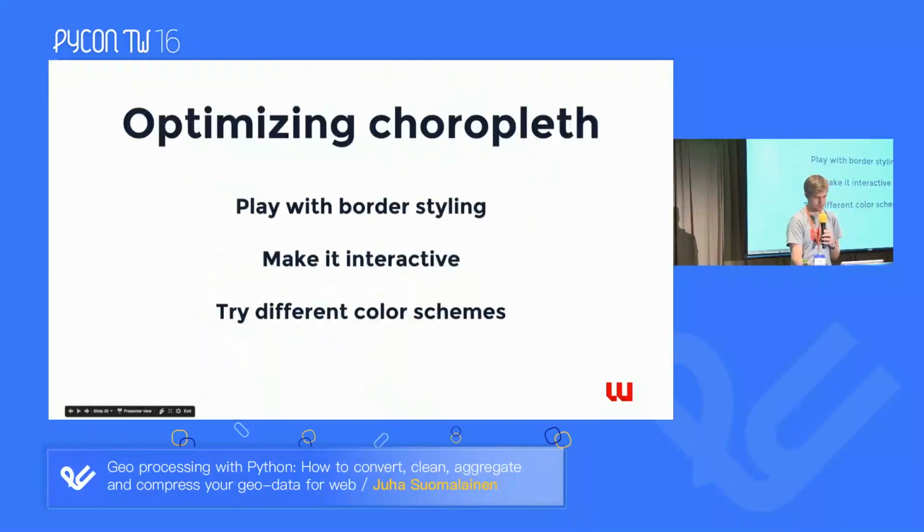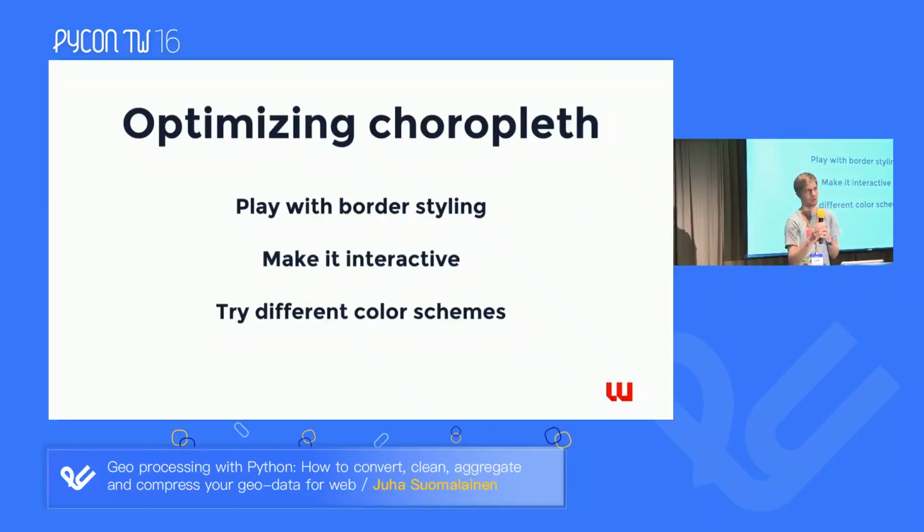So, a few words about optimizing the choropleth itself on the web front end. One thing that can make it look a little bit crappy is if the borders are too strict or not styled correctly.